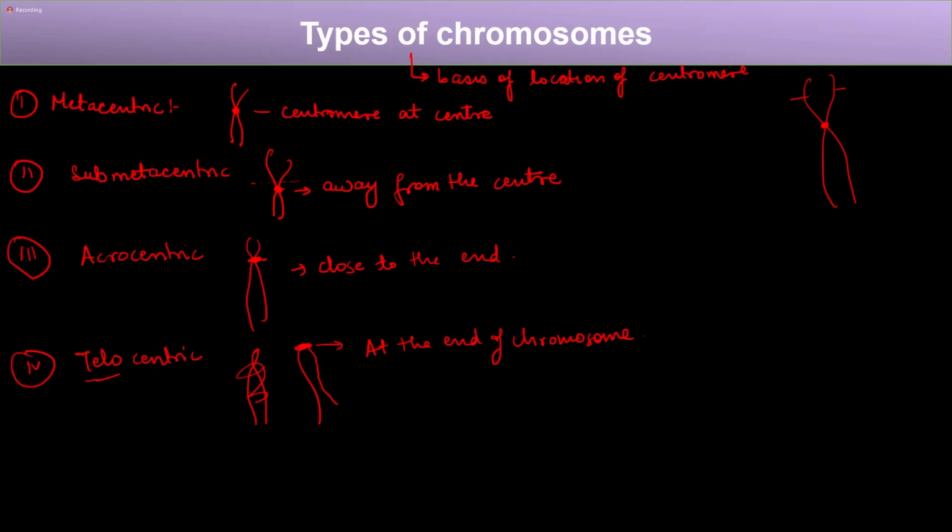Now we'll quickly see a very small organelle that is given in the NCERT, and that is microbodies. What are microbodies? They are vacuole-like structures, and like most of the eukaryotic organelles, they are also membrane bound.